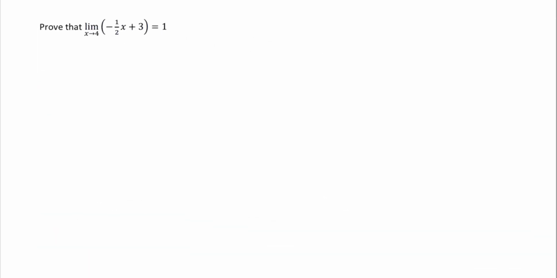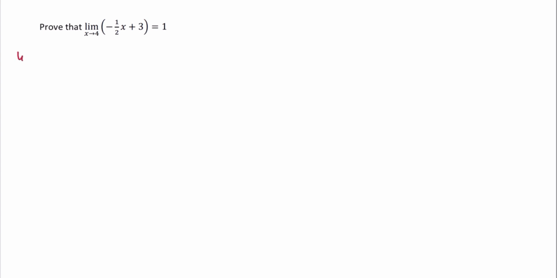Here we have another example. This time we want to prove the limit as x approaches 4 of the function is equal to 1. Again, this is a relatively simple linear function, so you can graph that and verify it if you want. But we want to use epsilon-delta statements to actually prove that it's true.